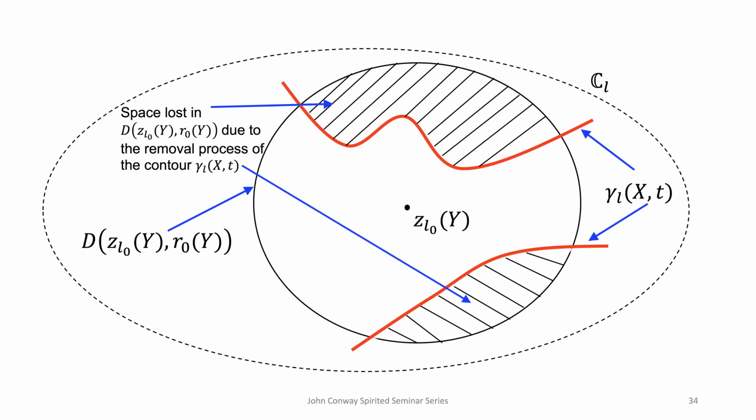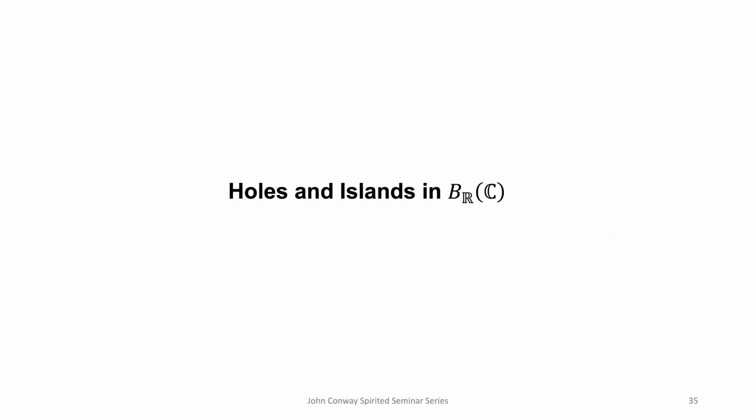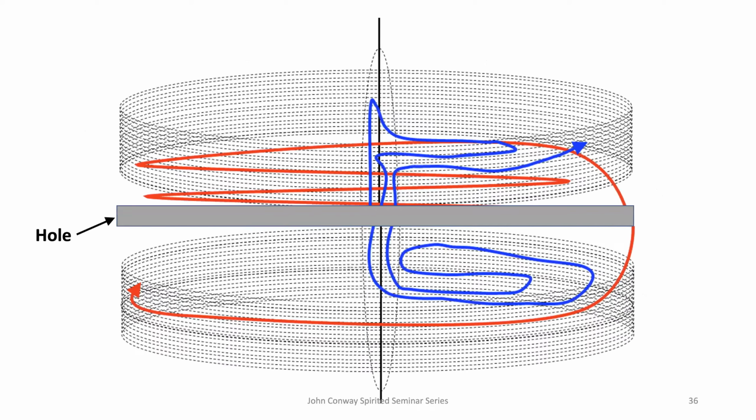Now because of this property, a new concept emerges within the bundle that we call hole and island. Before defining, just a motivation. So this is again a quick recap. This is a bundle, the thing we considered because of the formation of the contours from the initial value. So there are bundles below some line.